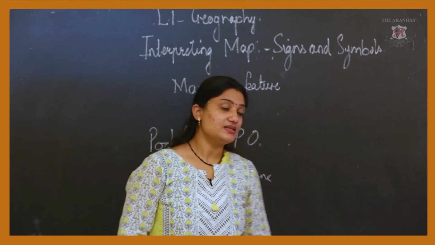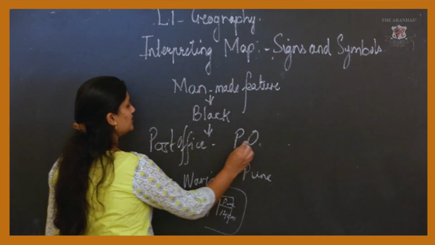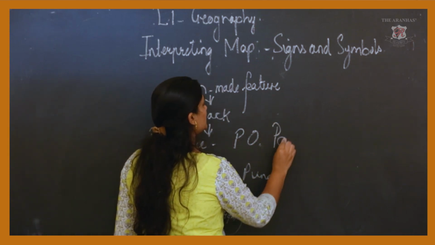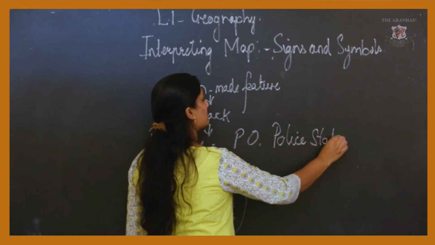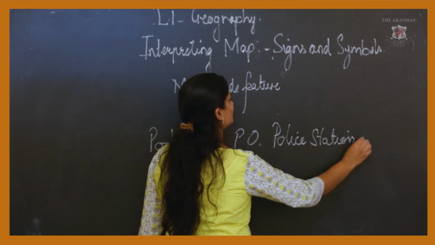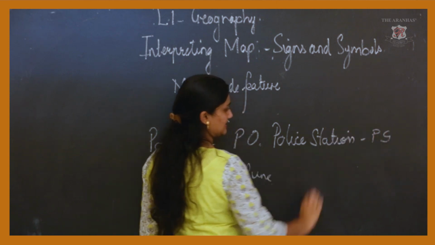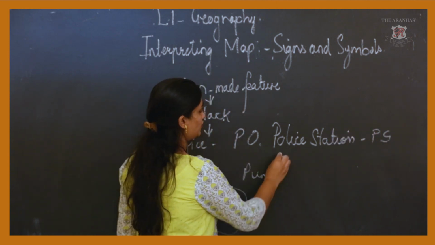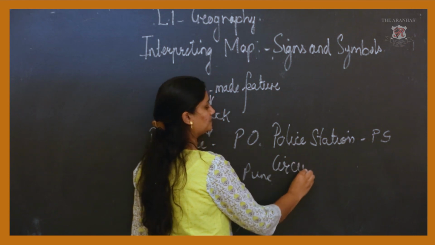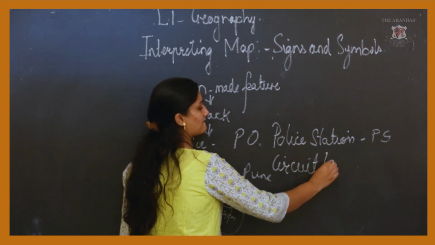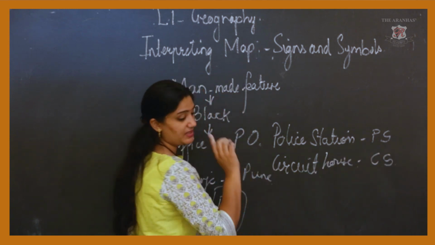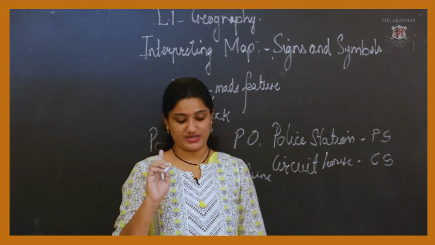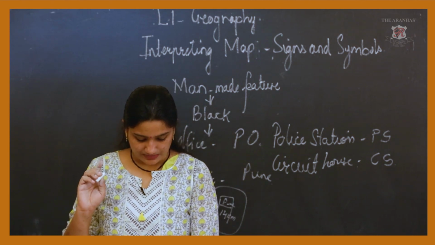Of everything there is a symbol, like post office, PO, police station, PS, and circuit house, CH. This way, man-made feature symbols were given on the map.